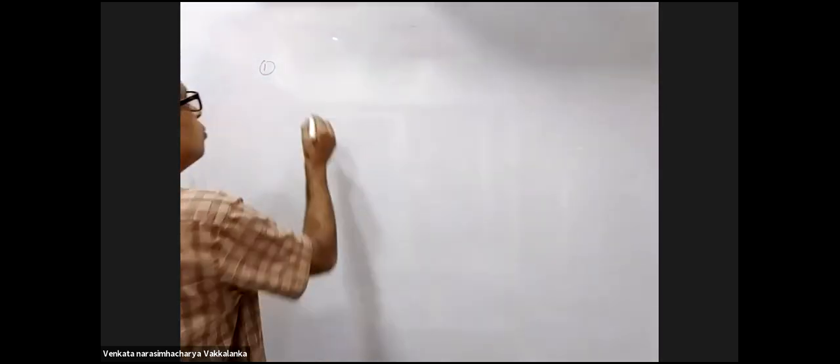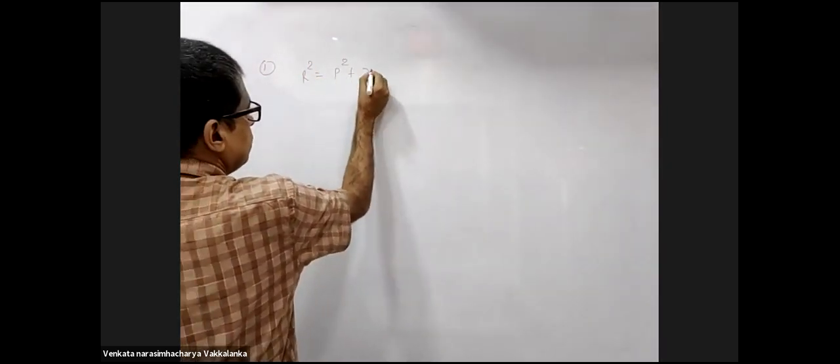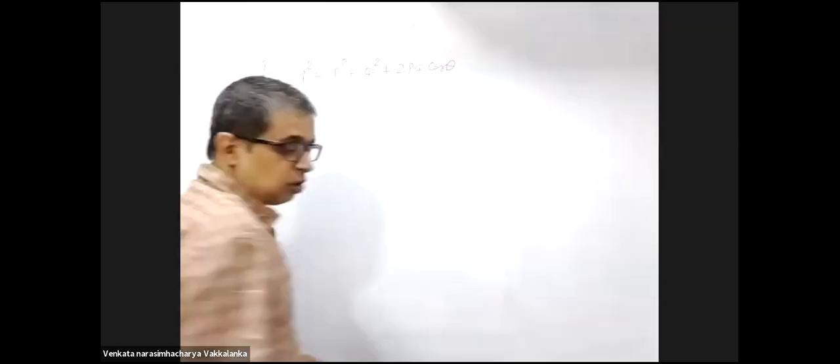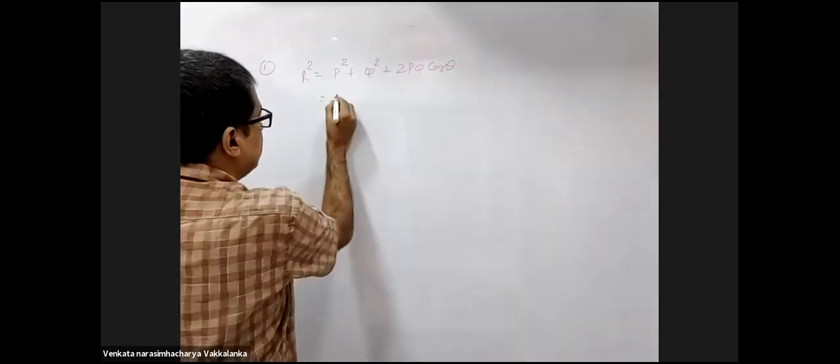The first problem they said was, what should be the angle between the two forces? R square is P square plus Q square plus 2PQ cos theta. This is your parallelogram law of addition. What is the first force that they have given? 2F.